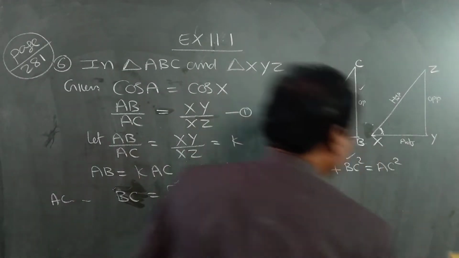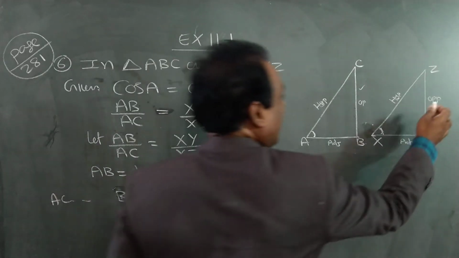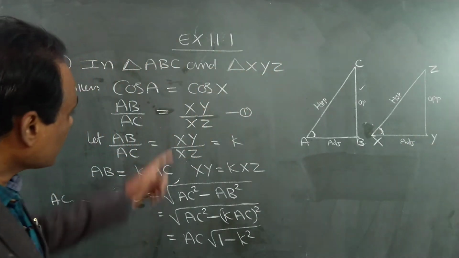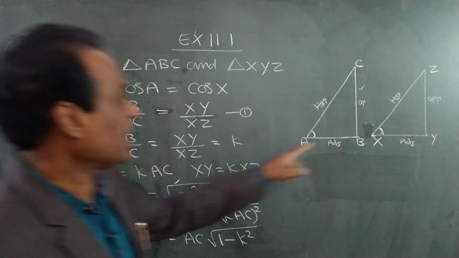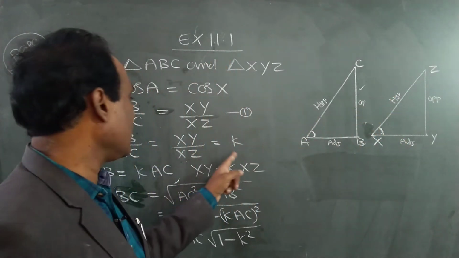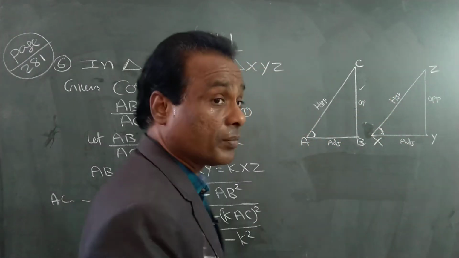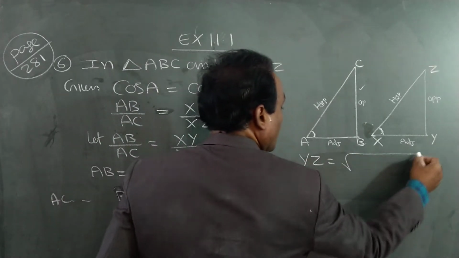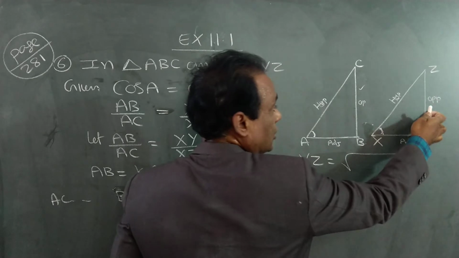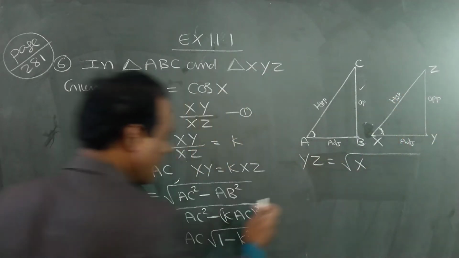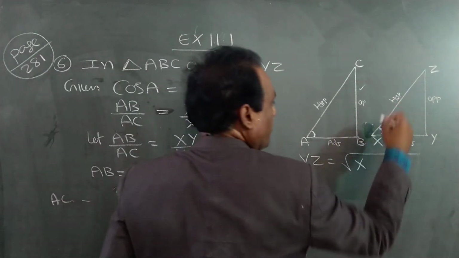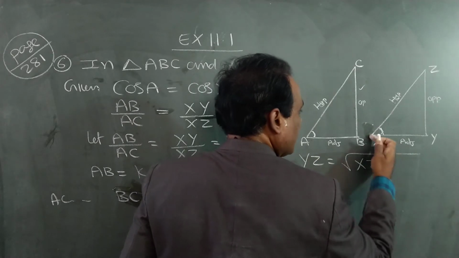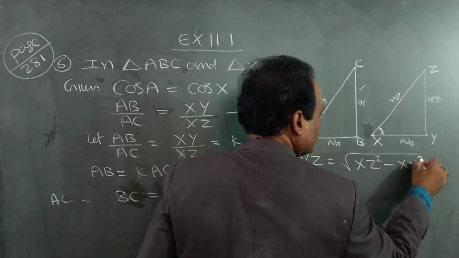Same way I will prepare the relation for this XZ also, because XY and XZ already have a relation. So I am preparing the relation for YZ, Pythagoras theorem. See here. YZ is equal to root of, same formula, same way, hypotenuse square minus adjacent square.